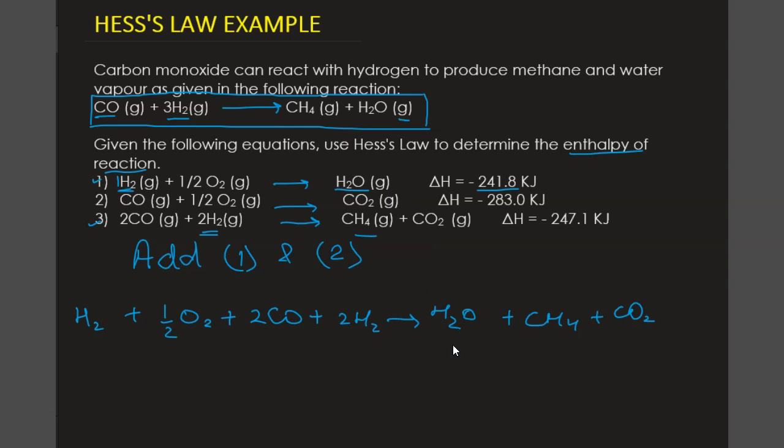When I add these up, I can add my like terms: H2 plus 2H2 gives me 3H2, plus half O2, plus 2 carbon monoxide gives me water plus methane plus carbon dioxide.